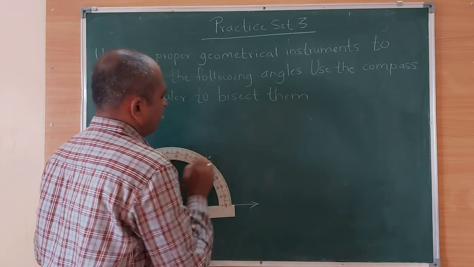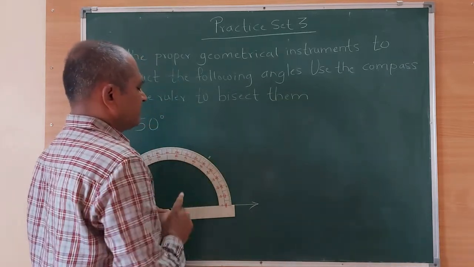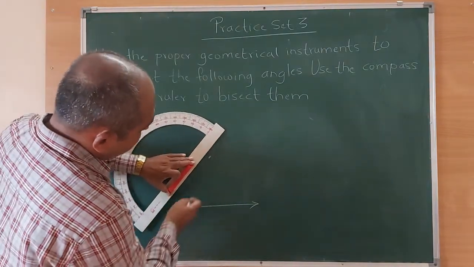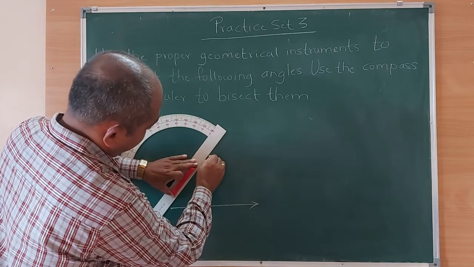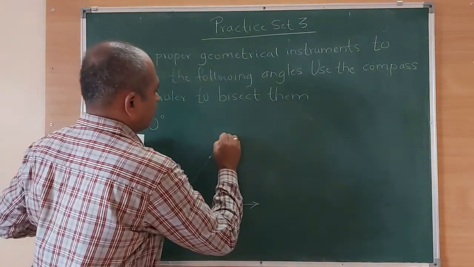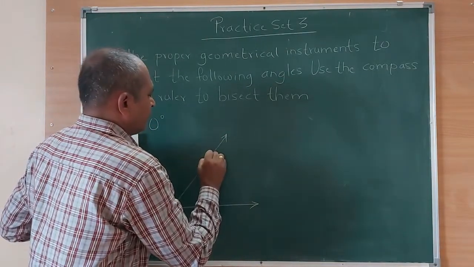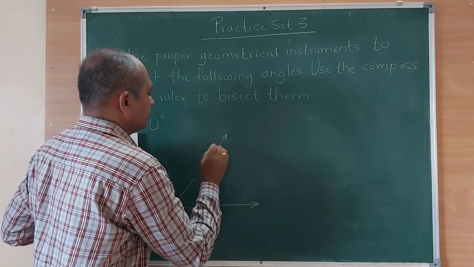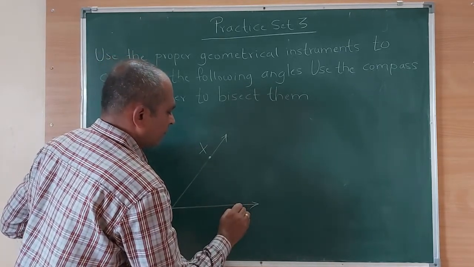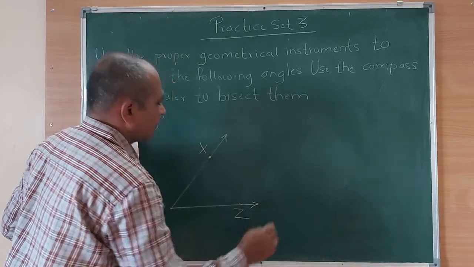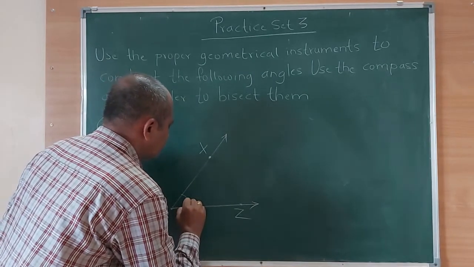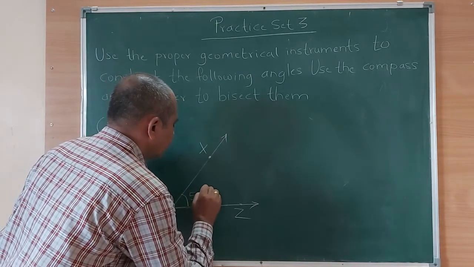You know how to draw an angle of given measure with protractor, and then I will join these 2 points. So this is angle XYZ and the measure of this angle is 50 degrees.